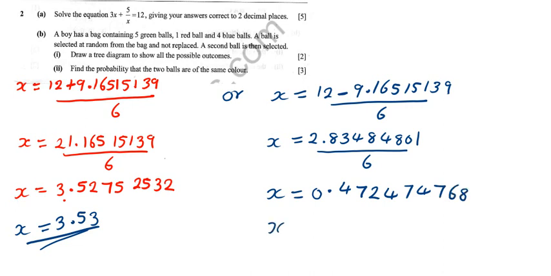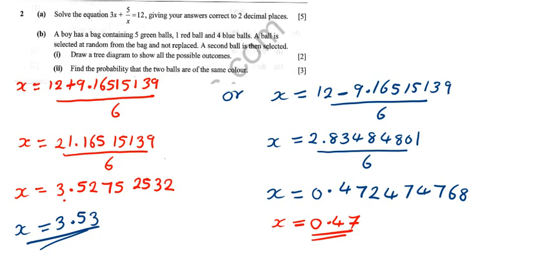That's our value of x. So now we round off our answer to two decimal places. x is equal to 0.47, like that. So that's our answer for 2a. So 2a we are done.